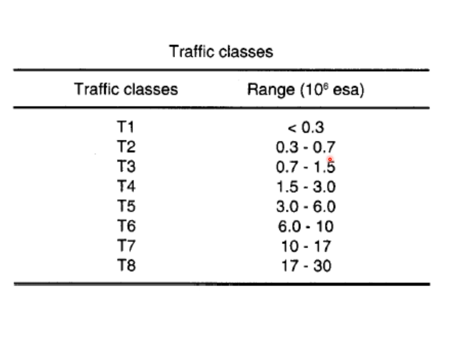So depending on the design equivalent standard axles, you can get the traffic class. For example, you have determined the equivalent standard axles, and that is falling in this range. In that case, you can say that the traffic class is T4.